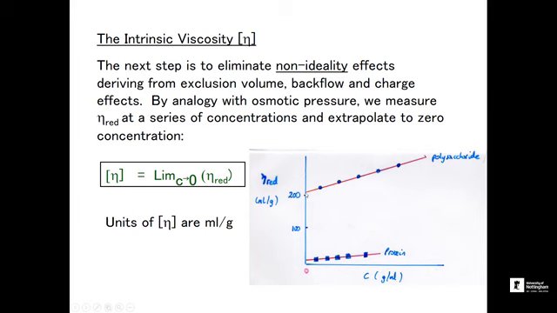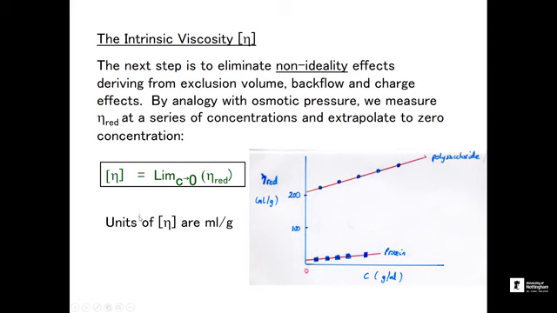We can't measure at zero, but we can extrapolate back to zero. Then in the limit, the concentration goes to zero, which is here. The value obtained for the reduced viscosity is called the intrinsic viscosity. It's got the symbol eta, with square brackets around it.